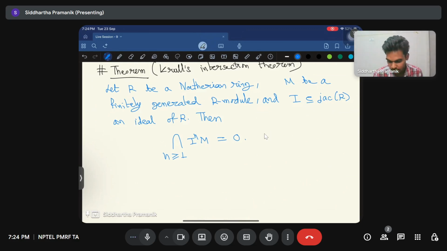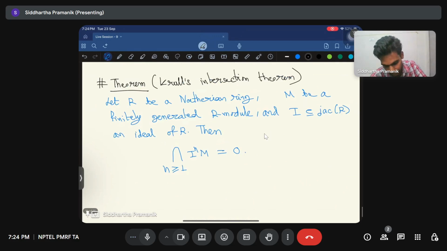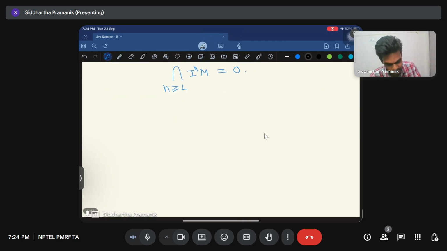It uses Artin-Rees lemma and Nakayama's lemma both. So you may try to prove this using those two lemmas, or you may refer to a standard textbook. I will not do the proof. I will use it to solve the next problem.